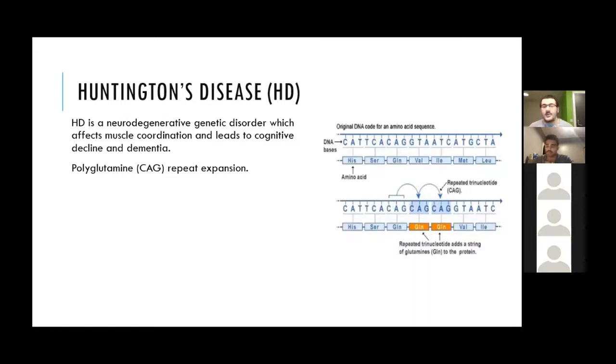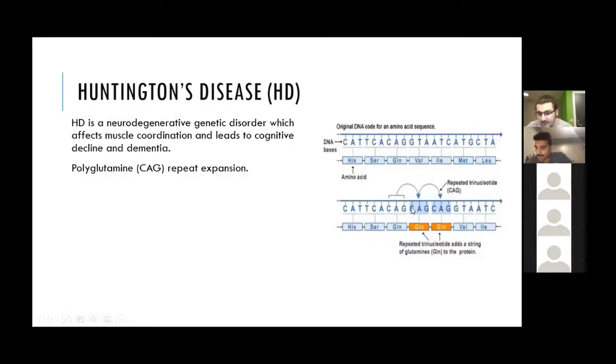And finally, we're going to talk about Huntington's disease. Huntington's disease is a neurodegenerative genetic disorder which affects your coordination of muscle movement, and it can also lead to cognitive decline and dementia. The type of mutation is a CAG, or polyglutamine, repeat expansion.